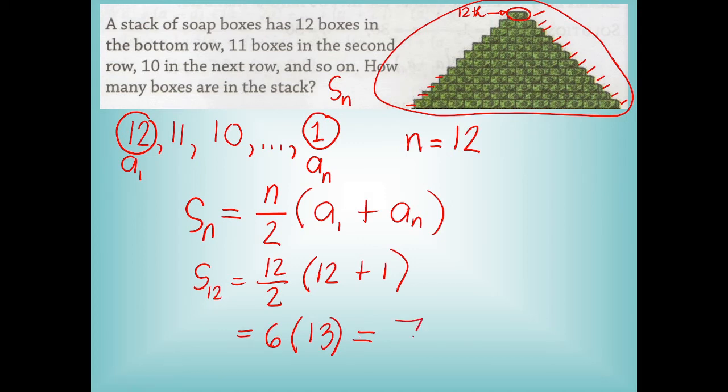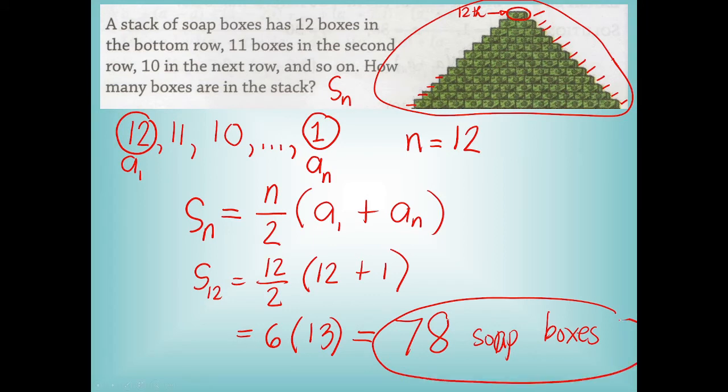Oh, there are 78 soap boxes. Mao ni answer na to sa problem. If you're gonna count everything here, there will be 78 soap boxes all in all. Okay? Questions about this problem? Is this clear?